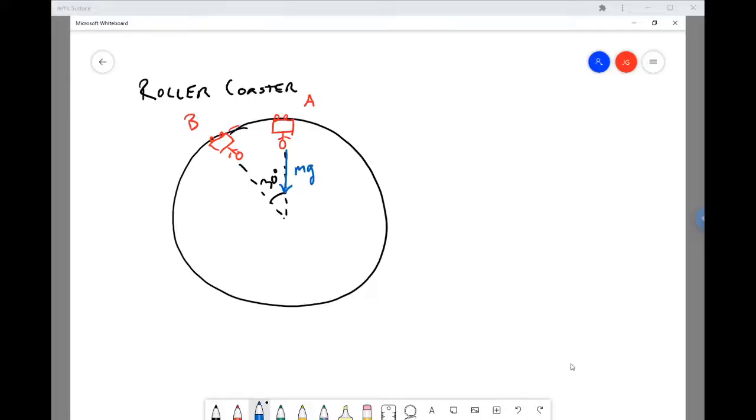And what other forces act on the child? Well, the seat. The child is sitting in this car, and the seat is pushing up on the child's body. So that's a normal force. So in addition to the weight, there's a normal force that's pushing in this direction.